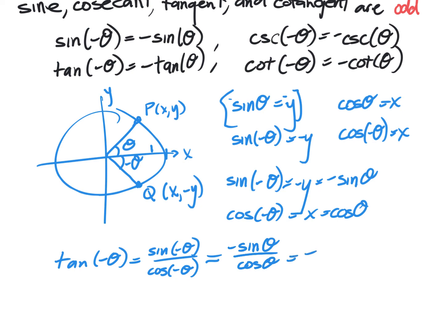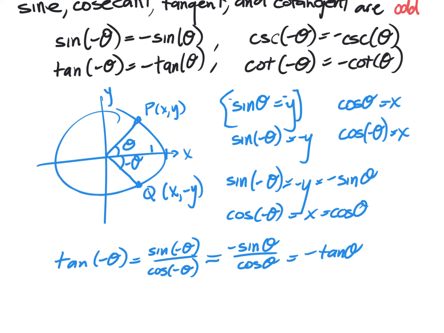This is going to be negative sine over cosine, that's tangent of theta. So tangent of negative theta equals negative tangent of theta, and therefore we have that it is an odd function.